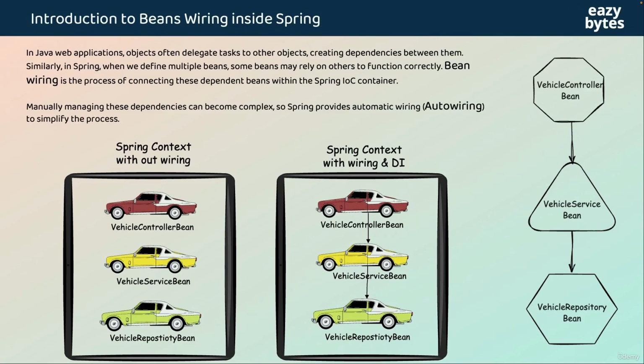If Spring takes care of the wiring, it is called auto wiring, because wiring happens automatically based upon the inputs provided by the developer. Whereas with manual wiring, the developer has to write a good amount of code compared to the auto wiring scenario. I hope you're clear what is bean wiring and what is auto wiring and why we should establish the wiring or the dependency between multiple beans.